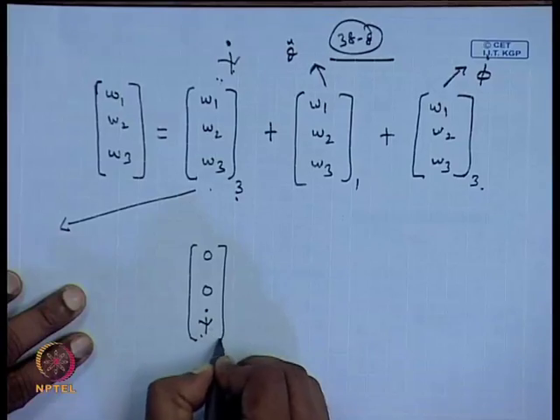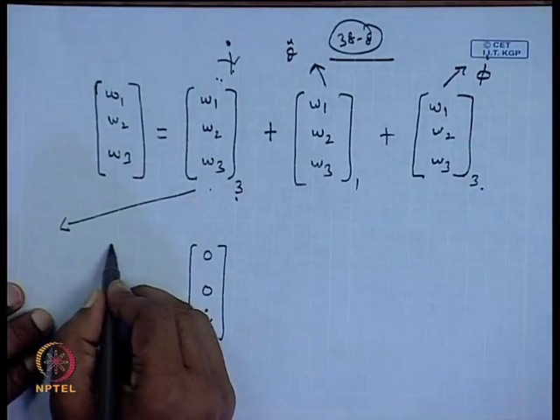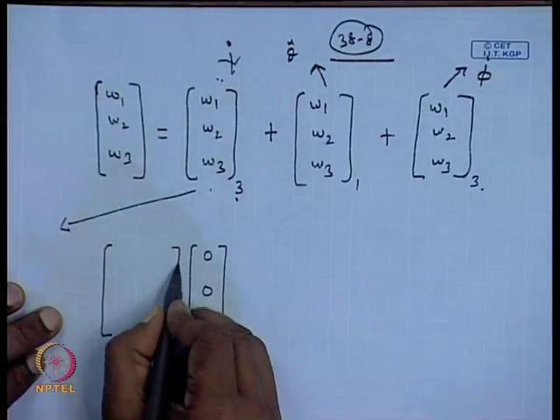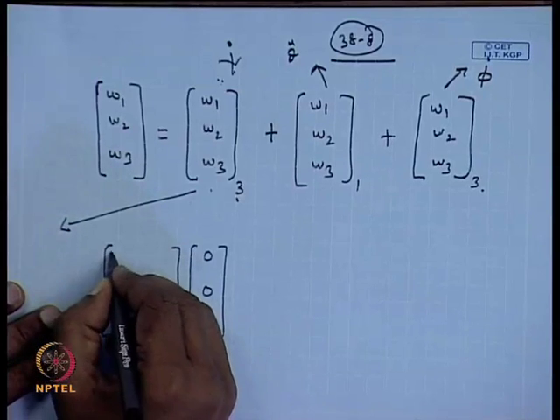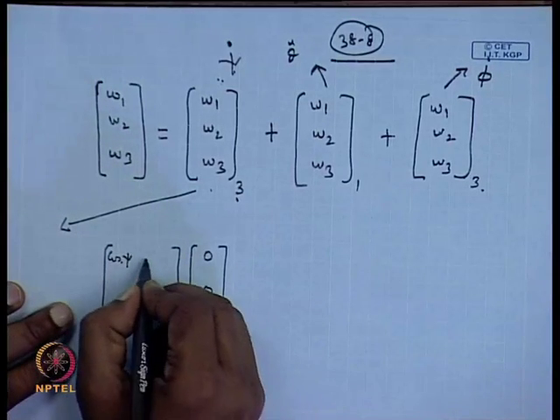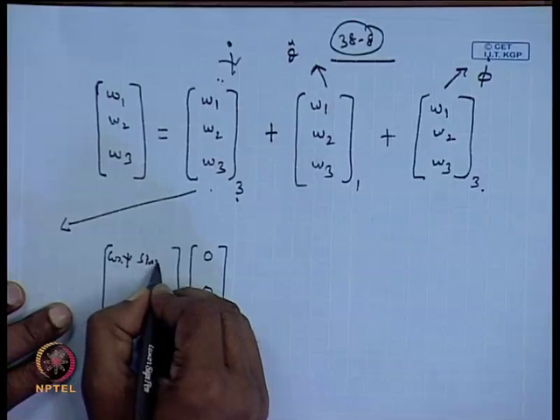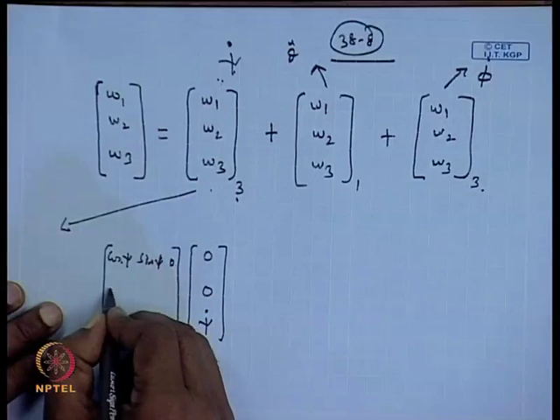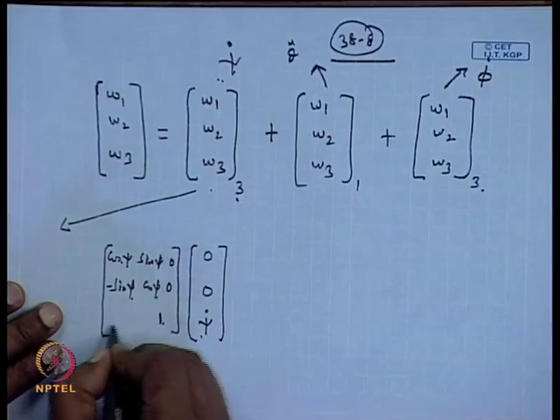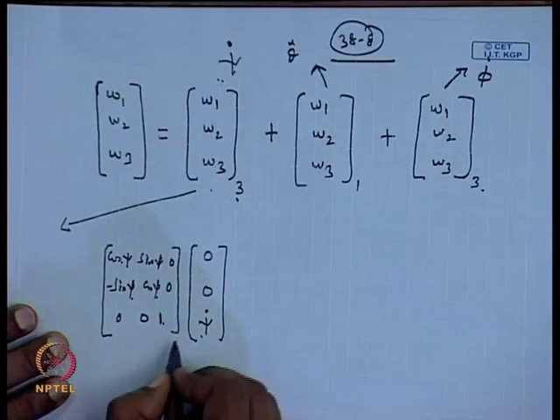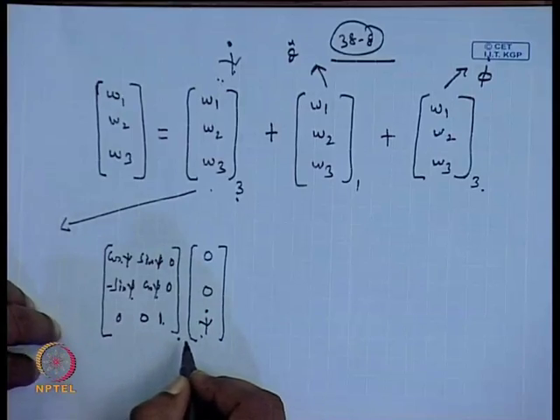We make it a vector, and then this is to be operated upon, and we are giving the rotation psi. So this becomes cos psi, sin psi 0, minus sin psi, cos psi 0, 0 0 1 in this place. So this is the rotation about the E 3 axis that you are giving.